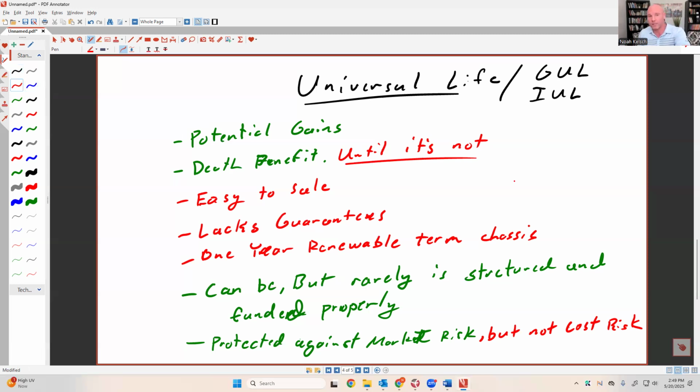The problem with universal life policies, and this is not an exhaustive conversation about the issues with them, is that they go and go and go, and then suddenly they stop. And there's very little, if any, warning.